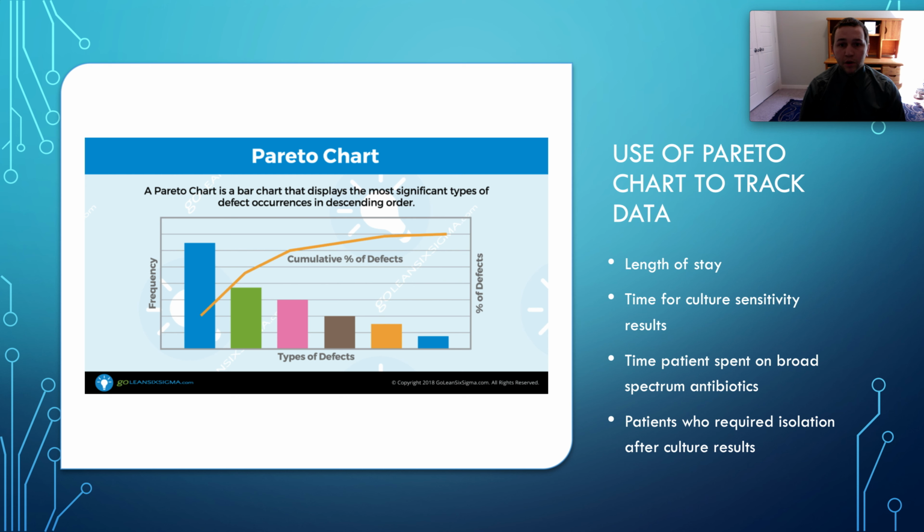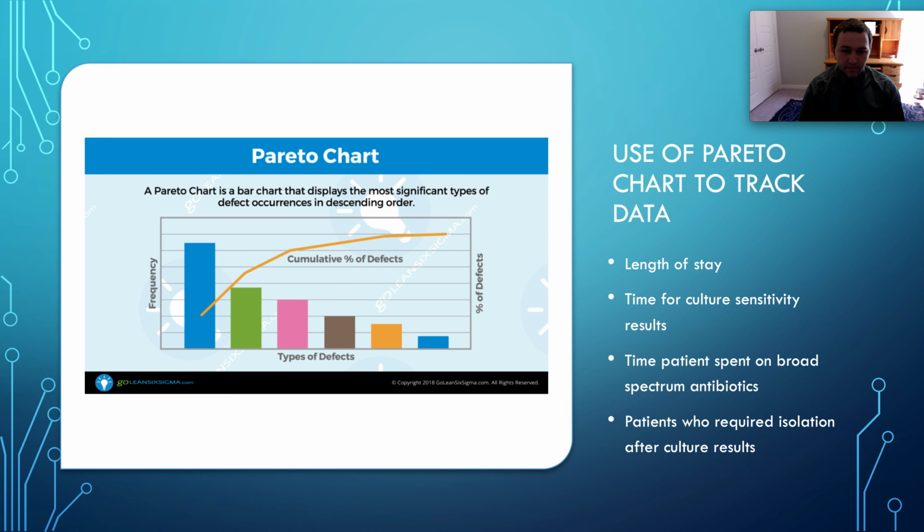So what are we doing that's having no value? We're waiting on culture results. The patient's sitting in their room, they're getting broad spectrum antibiotics. Why can't we speed this up? It's causing a delay of discharge for them. We're just waiting on this one thing because there's nothing else we can do.